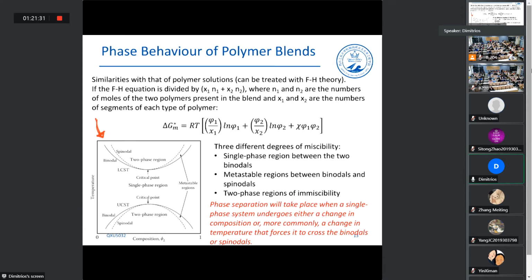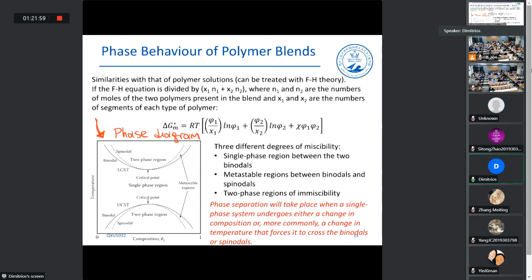Now, let's go to something very interesting. Let's go to the phase behavior of polymer blends. By creating these phase diagrams, we are able to predict at which temperature and which composition we will have miscibility or immiscibility of a polymer blend.